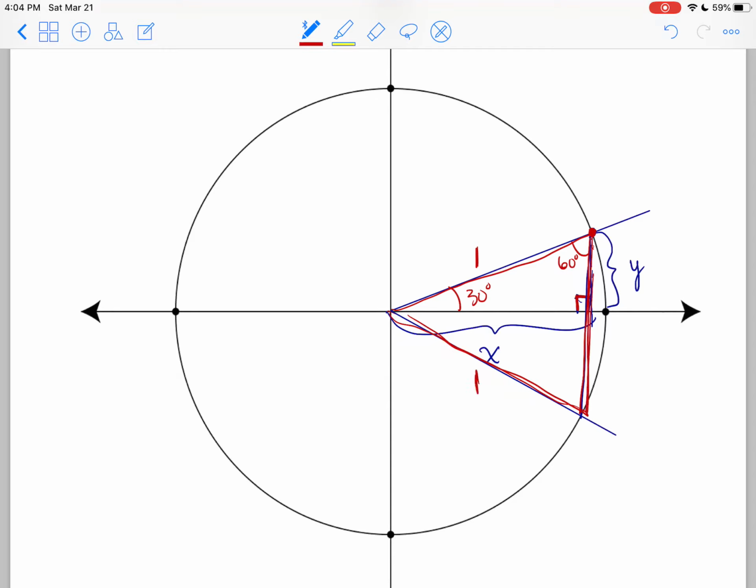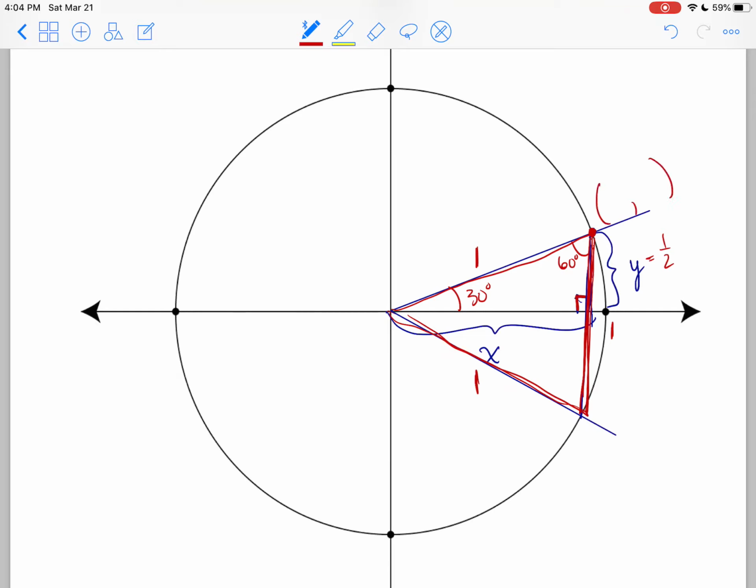Okay, this side is 1, and then this side right here is also 1. And if this is truly 1, this is a little bit off center, but if this is sort of symmetric about the x-axis, then that makes this height right here 1/2.